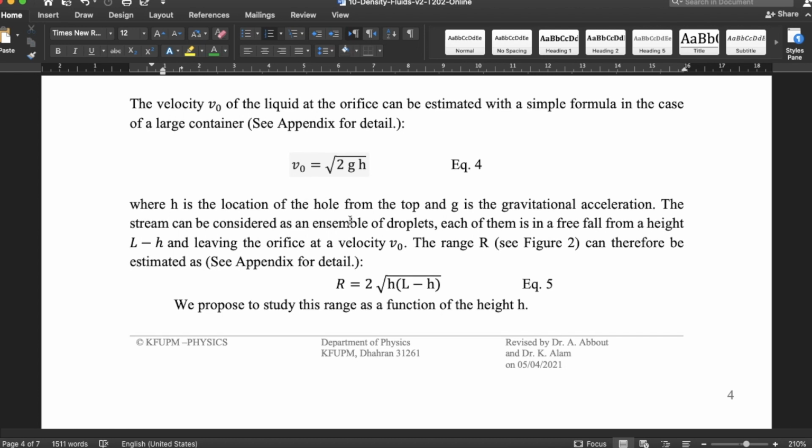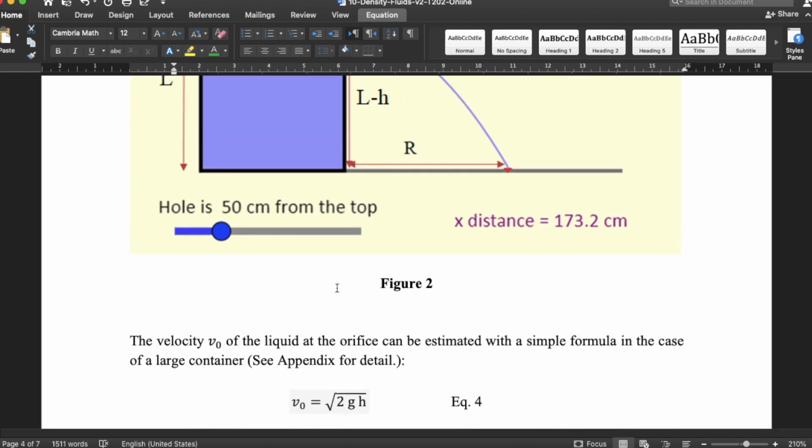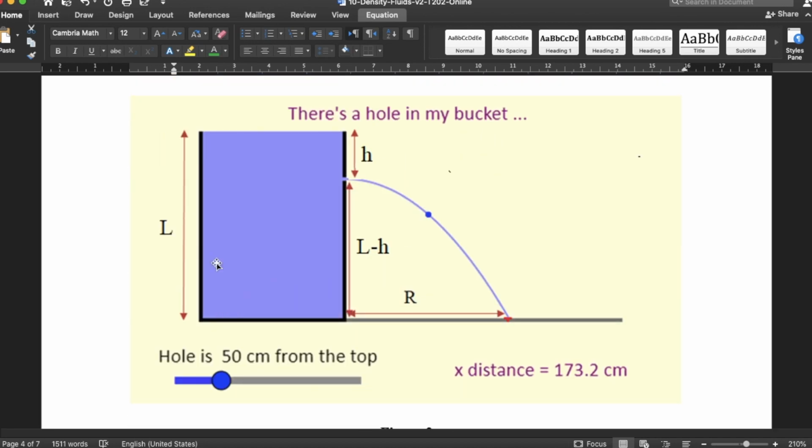Alright, in the appendix you can see you can obtain this relation as well, where the range is given by 2 times the square root of h times L minus h. L in this case is the height of the bucket, and it's fixed to 200 centimeters.